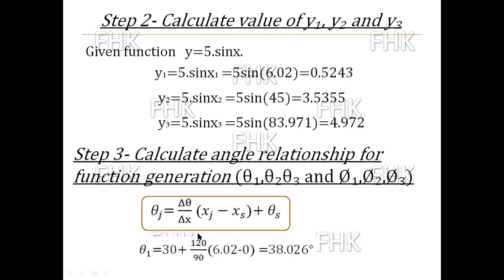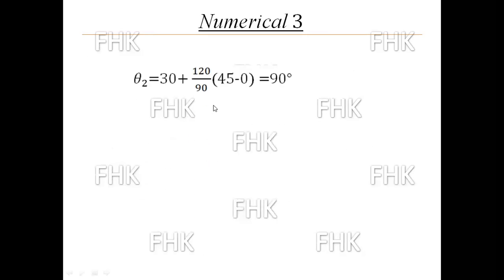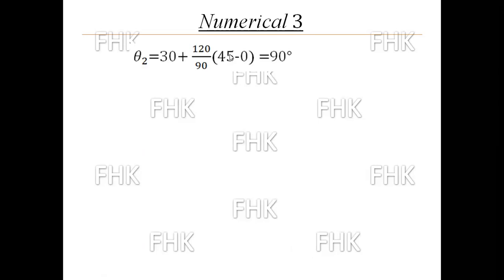The value will be the same here, only the value of xj will keep changing. Now x2 is 45 degrees minus 0, and after solving I am getting theta 2 equal to 90 degrees.